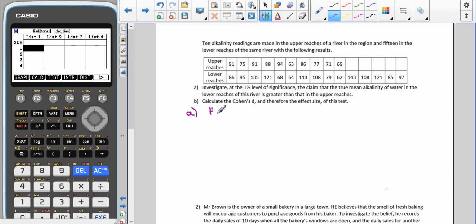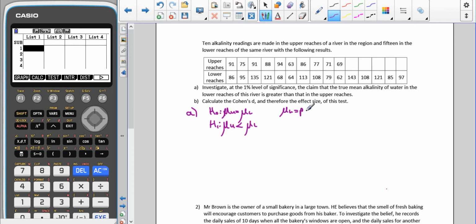So we're going to have H0: mu u equals mu L. H1: we want the alkalinity in the water in the lower reaches to be greater, so we want mu u to be lower than mu L. Remember that you have to define these symbols.